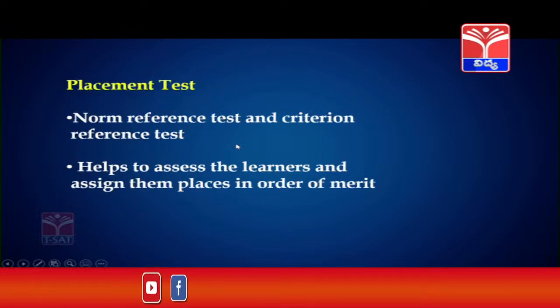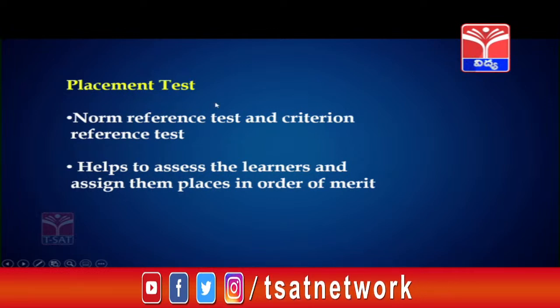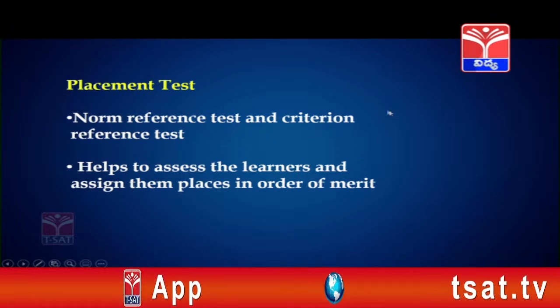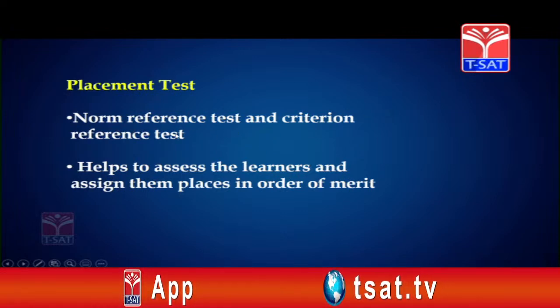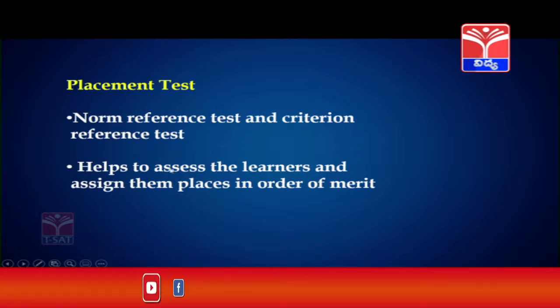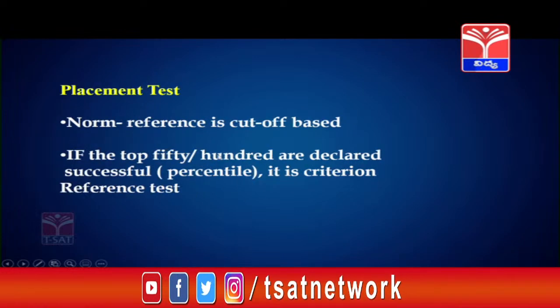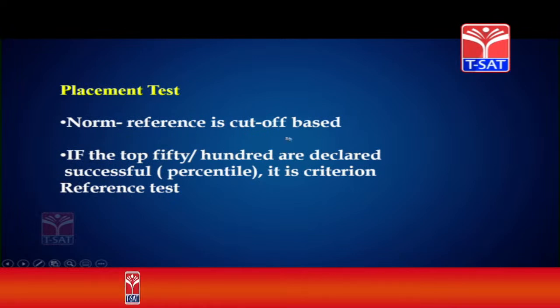And placement test. A placement test helps the teacher to place the student at a particular level, and it can be both a norm reference test and a criterion reference test. A placement test helps us to assess the learners and assign them places in the order of merit. And a norm reference test is cutoff based.